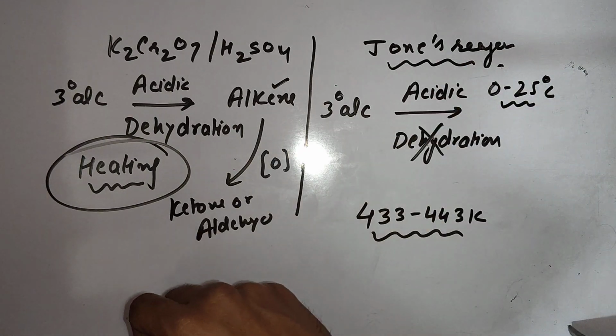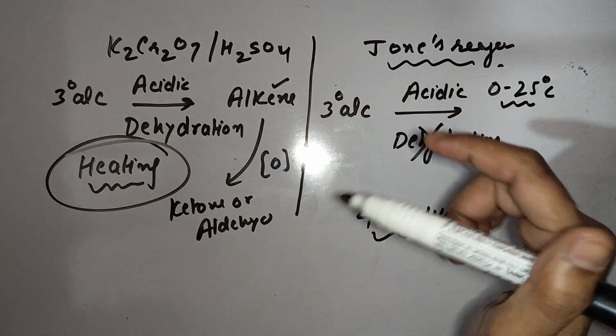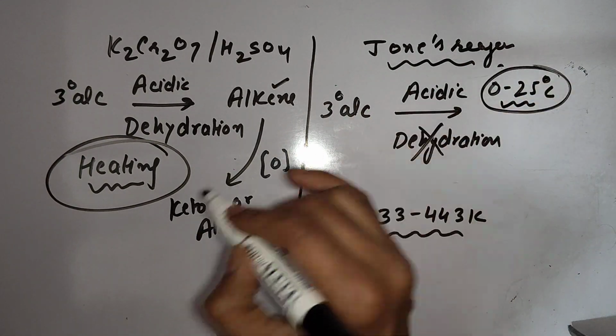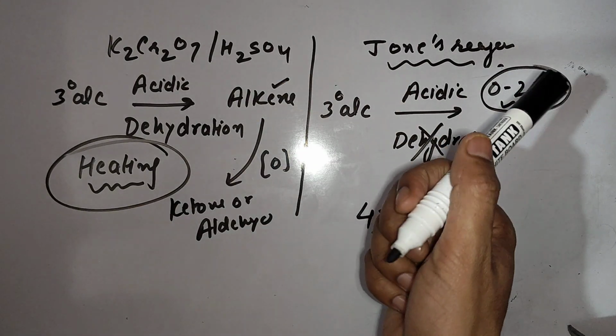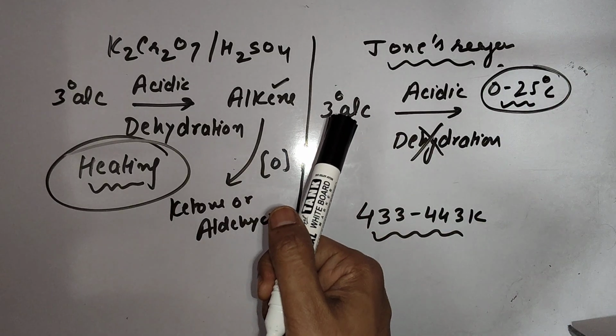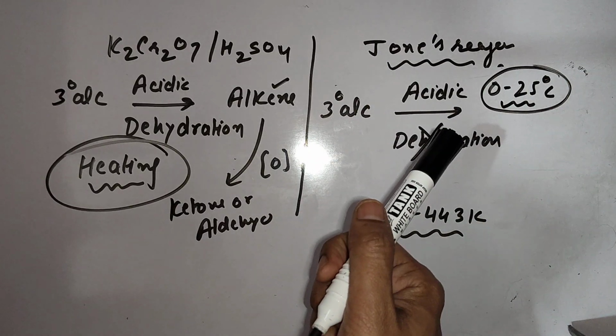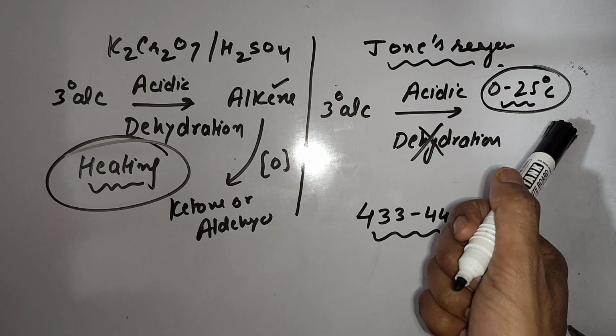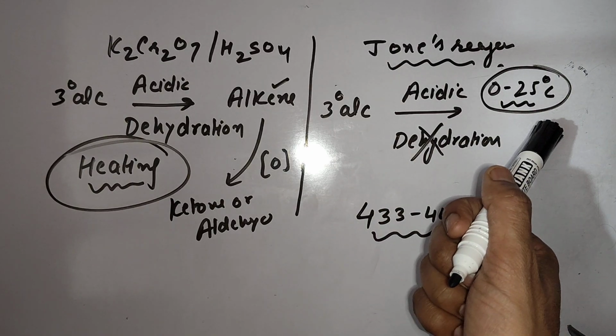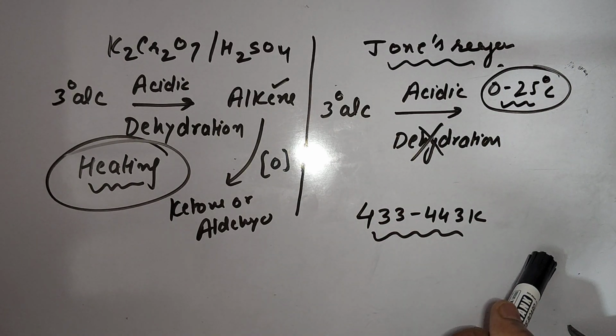But in Jones reagent, we are not increasing temperature beyond 25 degrees Celsius, 0 to 25 degrees Celsius, the normal room temperature. Due to this very low temperature, the 3-degree alcohol will not show dehydration, and it will not convert itself to alkene. And if alkenes will not generate, further oxidation is not possible.